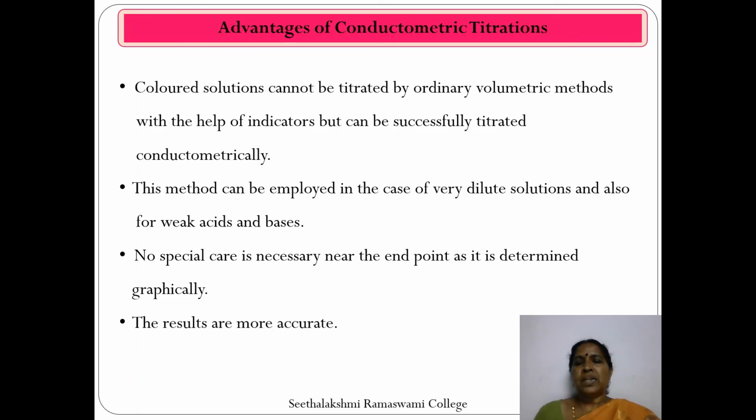No special care is necessary near the endpoint because here the endpoint is noted graphically. The results obtained in conductometric titrations are more accurate compared to the volumetric method. Thank you.